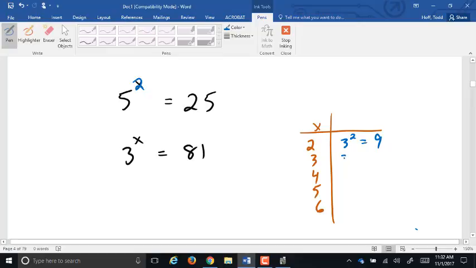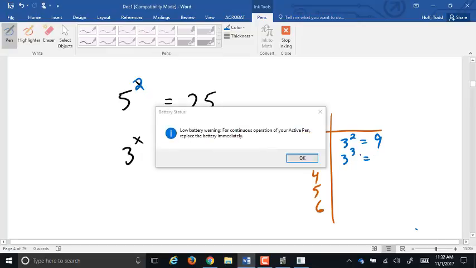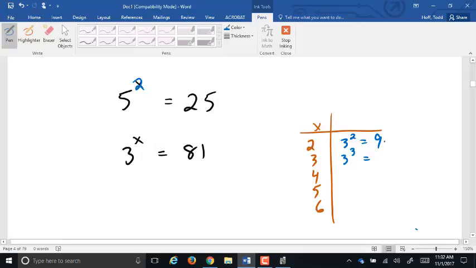If x is 3, it would be 3 to the power of 3, which would be 27. There you go. If x is 4, 3 to the power of 4 would be, careful, 81. So that's what we need.